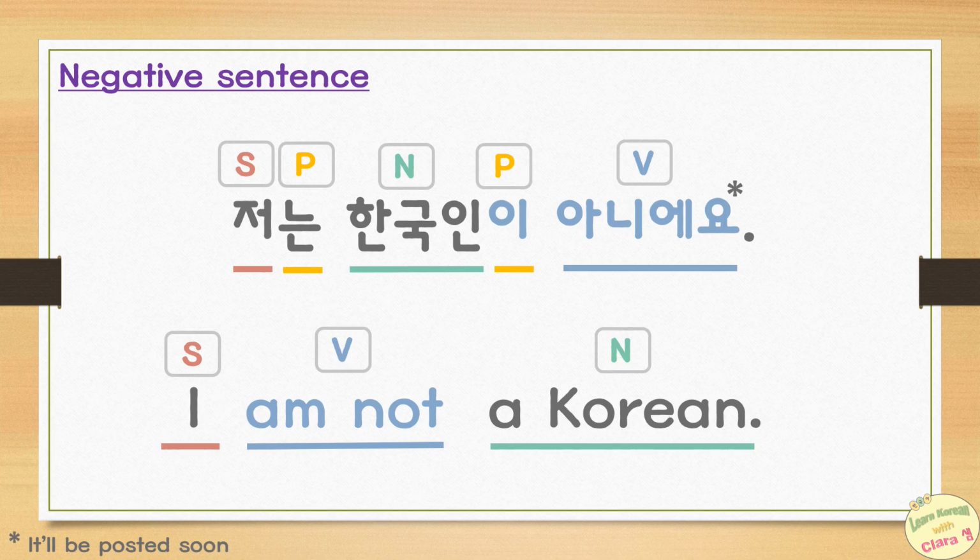Until the sentence is finished, it cannot be guessed whether it is the affirmative or negative sentence, because it can be 저는 한국인이에요 or 저는 한국인이 아니에요. So sometimes it becomes a subject of joke among Koreans because we make you believe that we were going to express an affirmative form, but eventually it could become the opposite at the end. This is why Koreans say always wait for a sentence to be finished.